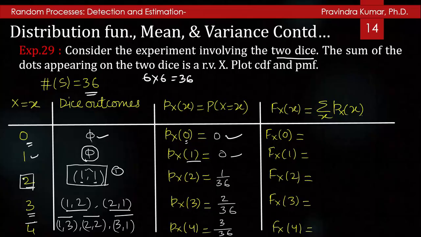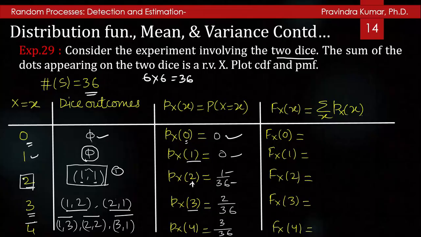So the probability or PMF at x equal to 2 is 1 by 36, the total number of favorable events divided by the total number of events. And when x is equal to 3, the probability or PMF at x equal to 3 is 2 by 36.